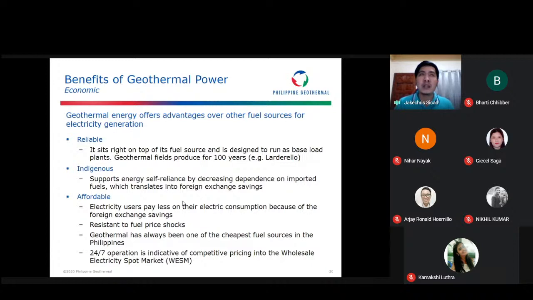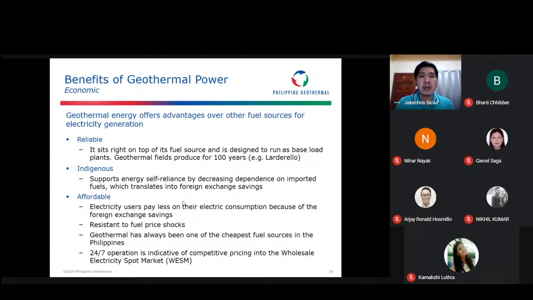Geothermal fields have been operating for as long as 100 years, an example of which is the one shown earlier from Italy. And it supports energy self-reliance of the countries and our efforts to get away from imported fossil fuels. So this is one of those examples wherein we can utilize our own source of energy.